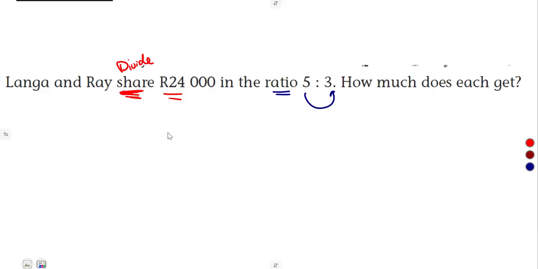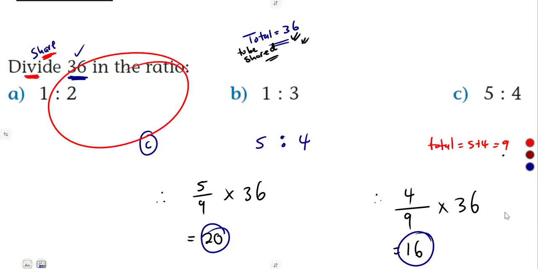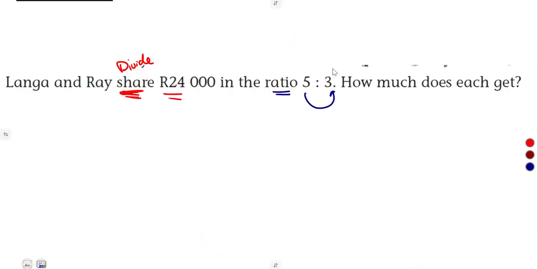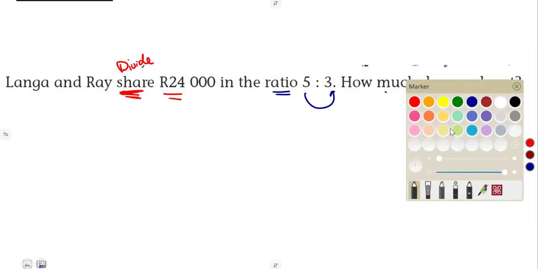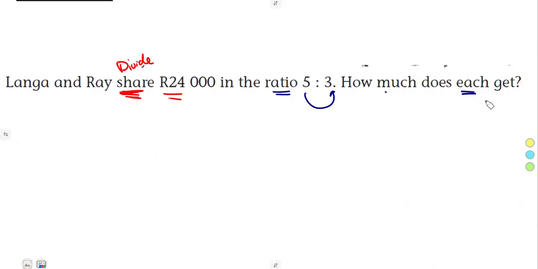So we are back to this same type of question. Same type. Nothing has changed. So how much does each get? Meaning to say, Langa is going to get how much? Ray is going to get how much?